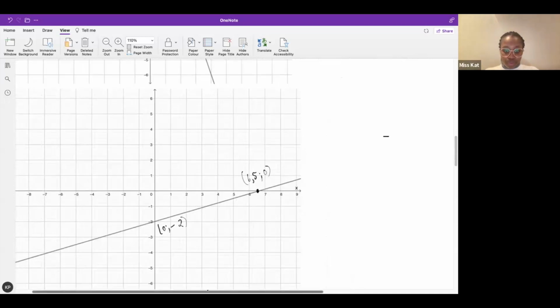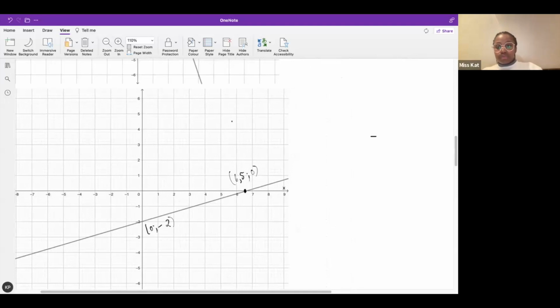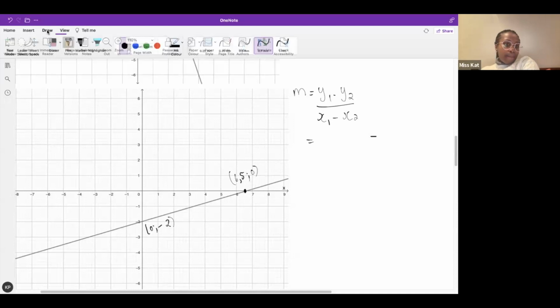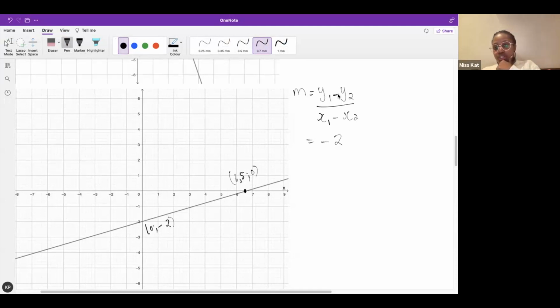And then our formula would be m is equal to y1 minus y2 over x1 minus x2. Okay, let's substitute. For y1, it would be 6.5. Look carefully. That's the x. So that would be negative 2 minus 0. Remember, we're subtracting.